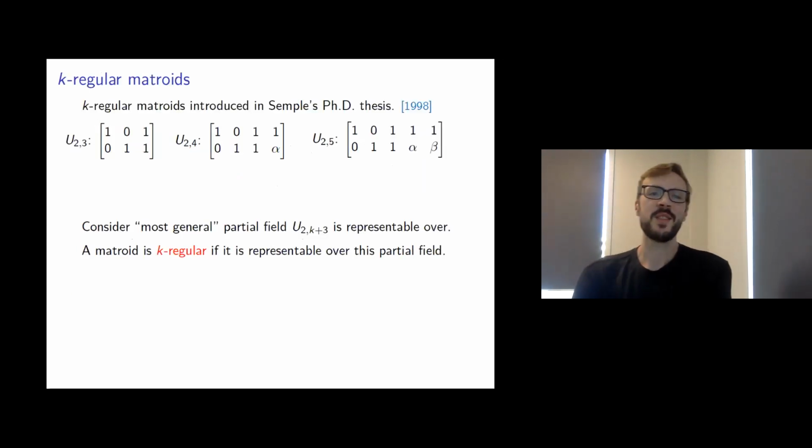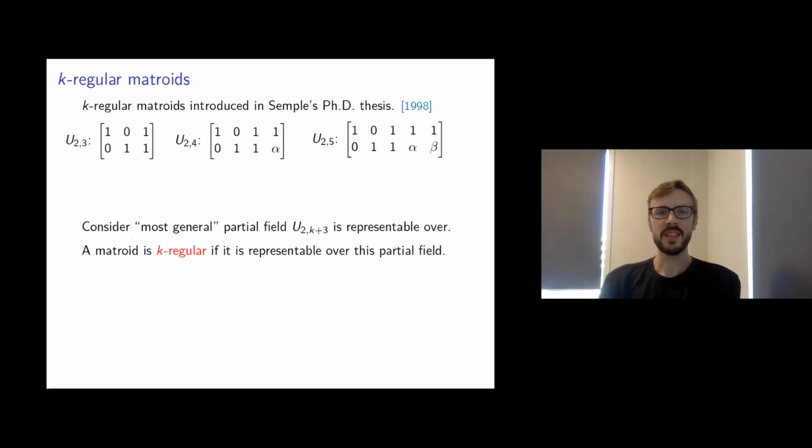Okay, so that brings us towards K-regular matroids. And these were introduced by Charles in his thesis. And so there are a few ways you could think about these. The way I like to think about them is if you start off with a uniform matroid of rank 2 that has k plus 3 elements, and you ask yourself, what's the most general partial field that this matroid is representable over?